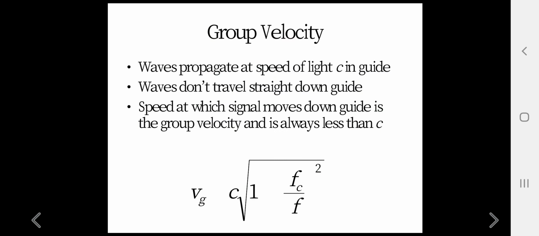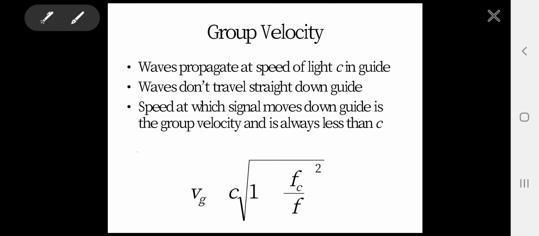What do you mean by the group velocity? Here the wave propagates at the speed of light in a waveguide, but it doesn't travel straight down the guide. The speed at which the signal moves down the guide is the group velocity, and it is always less than the velocity of light.